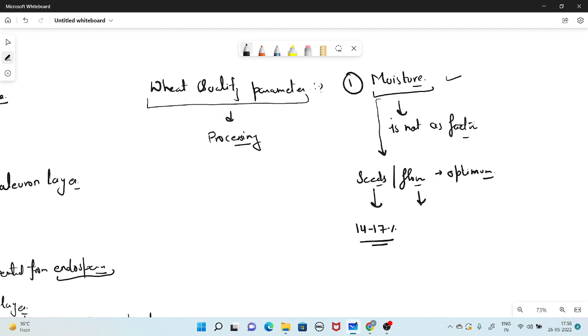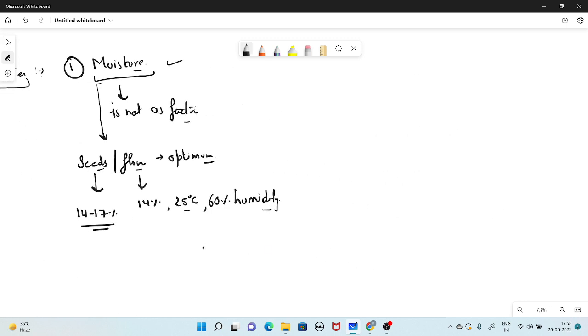And the flour should be 14% at 25 degrees centigrade, under 60% humidity, right? So moisture is a very important one, and this content varies from country to country and region to region.